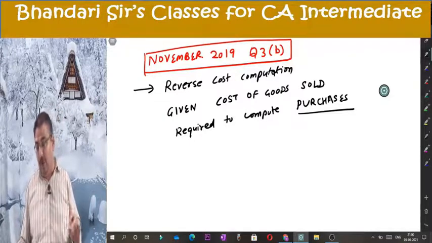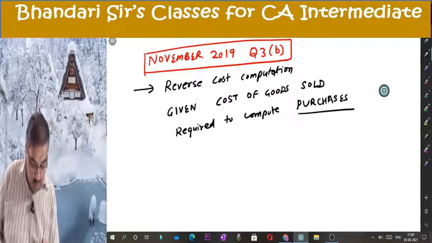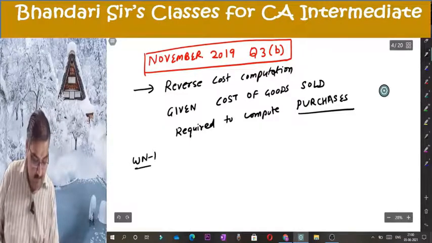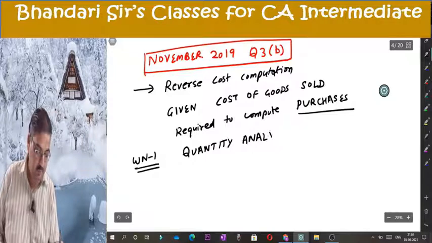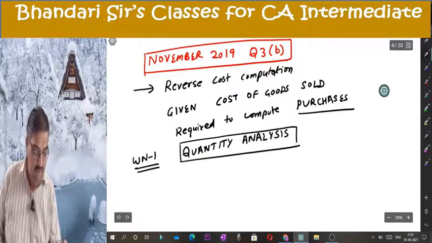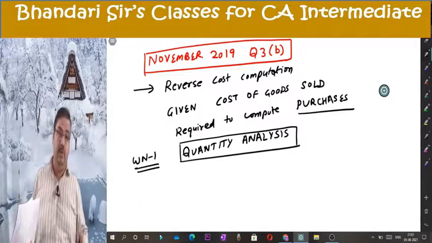Let's go through one by one all the points here. First of all, in working note 1, I make quantity analysis. If I am given cost of goods sold, that is for sold units.